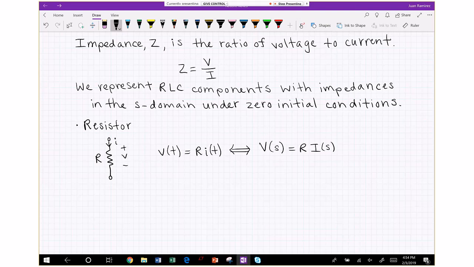Time domain current we represent with a capital I. And if we want to look at V over I, something I forgot to do was write this out. Impedance in the S domain is equal to voltage in the S domain over current in the S domain. Kind of rewriting what we wrote above, but specifically for S domain values.